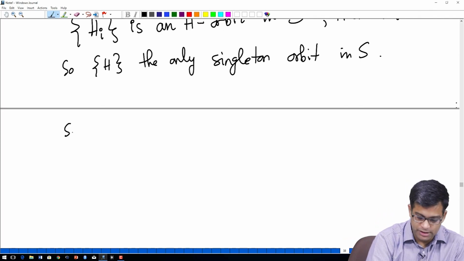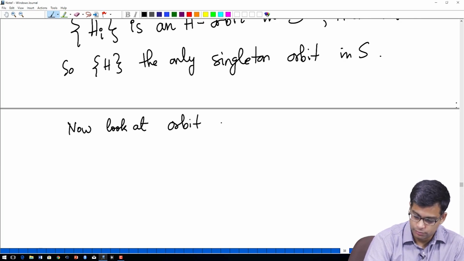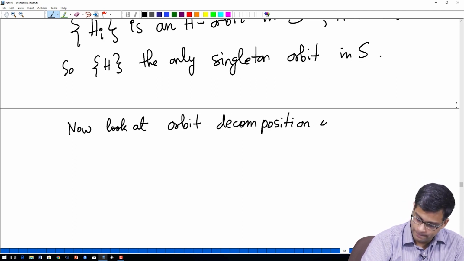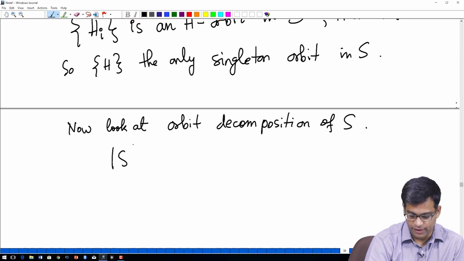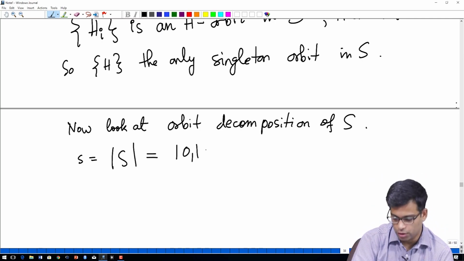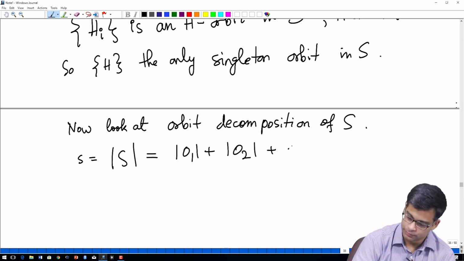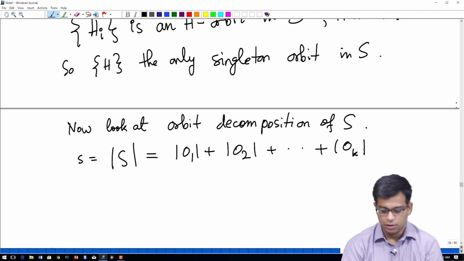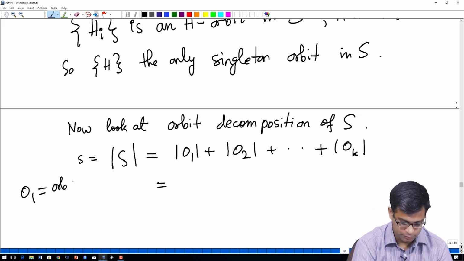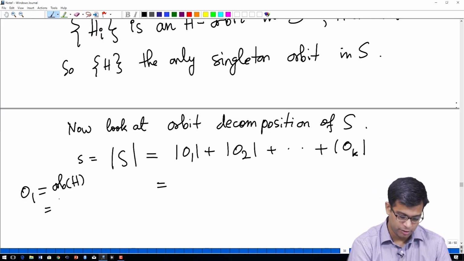Now, consider the orbit decomposition of S. The size of S, which remember was denoted by small s, is the order of O_1 plus the order of O_2 plus up to the order of O_k, and let us assume that O_1 is the orbit of H. H was the fixed thing that we had dealt with.